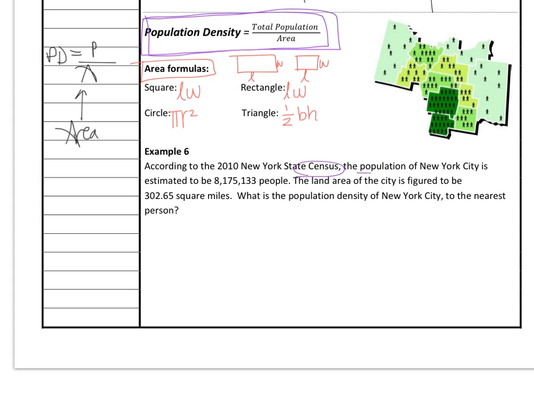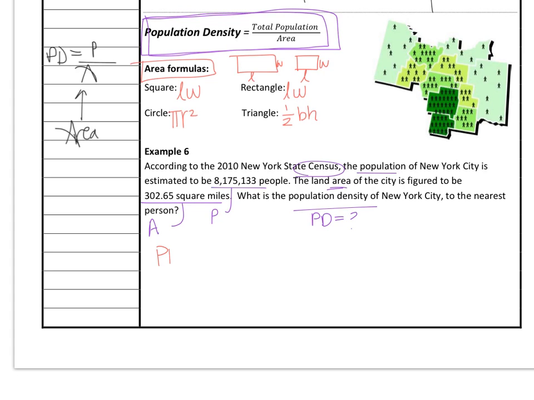They tell us that the population of New York City is estimated to be 8,175,133 people. So this is our P, the population. The land area of the city is figured to be 302.65 square miles. So that's the area. What is the population density of New York City to the nearest person?